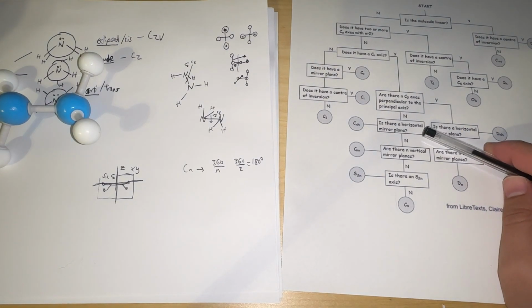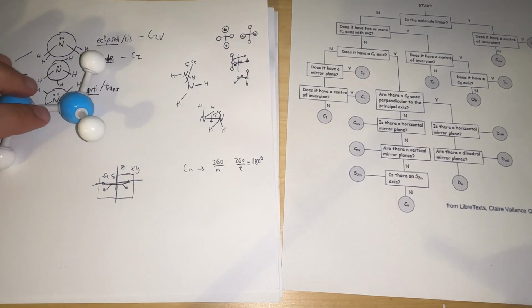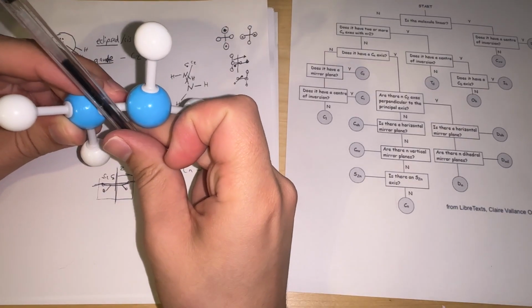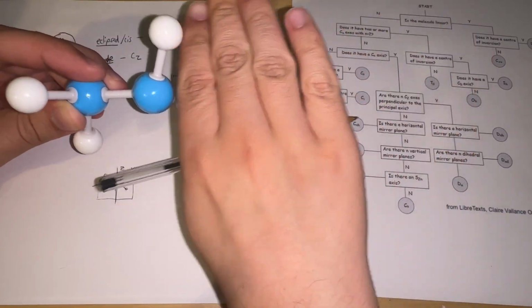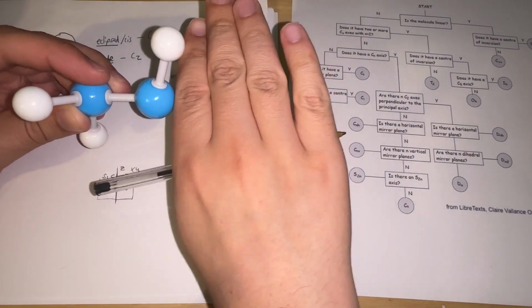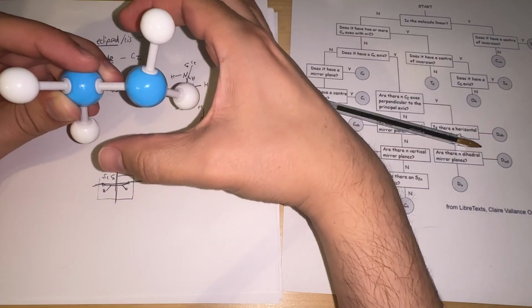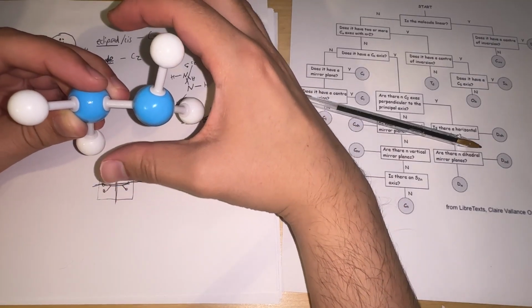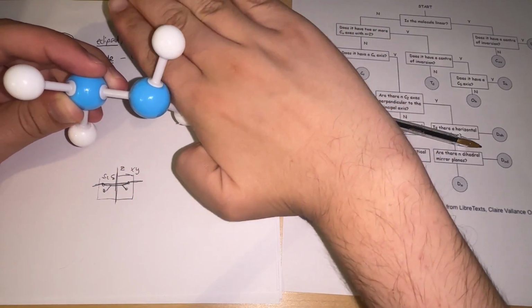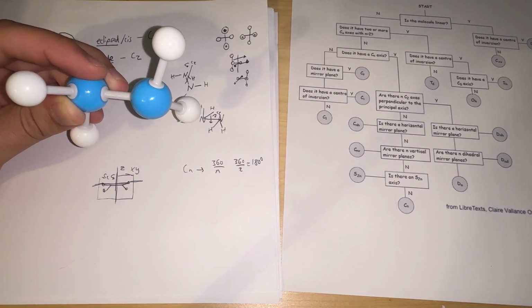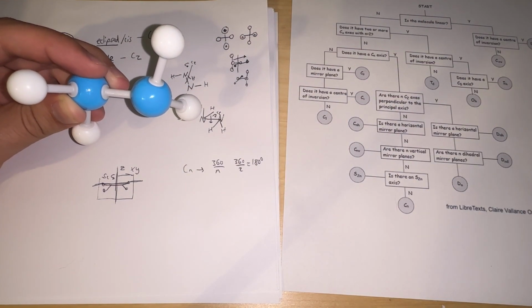Is there a horizontal mirror plane? If our Cn axis is through here, then this is our horizontal plane, which slices the molecule in half like here. And in this case, if we reflect across the XY plane, which is like through where my fingers are, so like through here, we do actually have a sigma horizontal mirror plane.